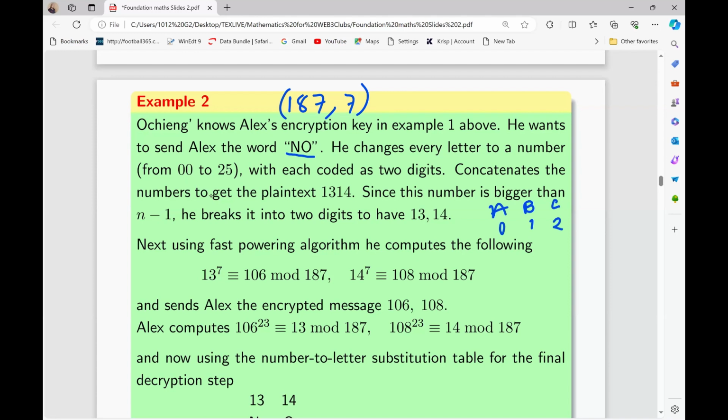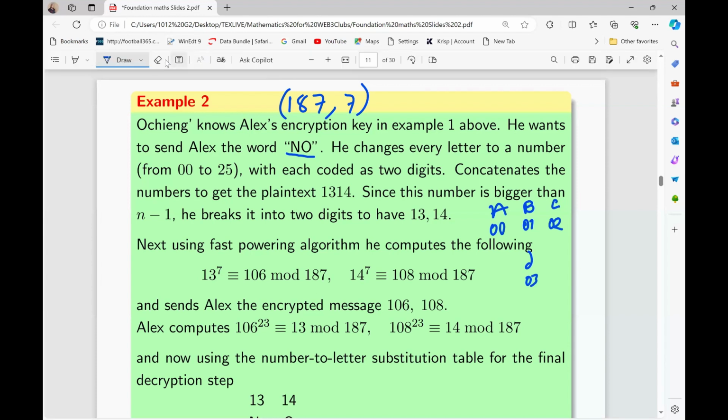So A is mapped to 00, B is mapped to 01, C is mapped to 02, and D will be mapped to 03, and so on. So we use 2 digits when converting these letters to numbers.